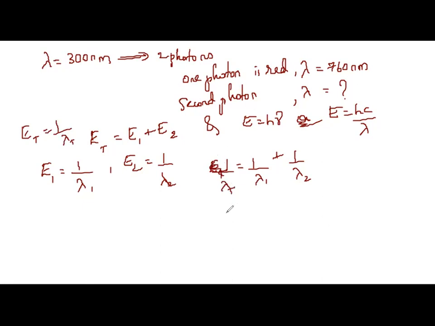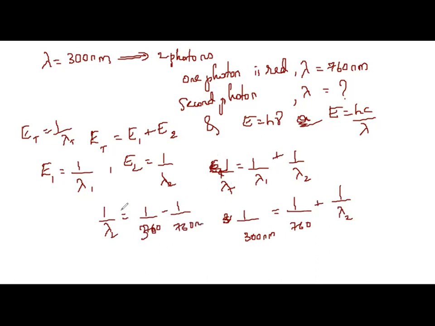So 1 by 300 nanometers is equal to 1 by 760 nanometers, the wavelength of the first photon, plus 1 by lambda 2. Find the wavelength of the second photon. 1 by lambda 2 is equal to 1 by 300 minus 1 by 760 nanometers.